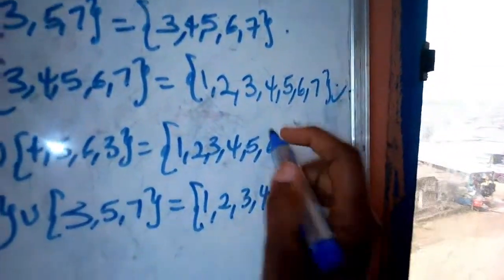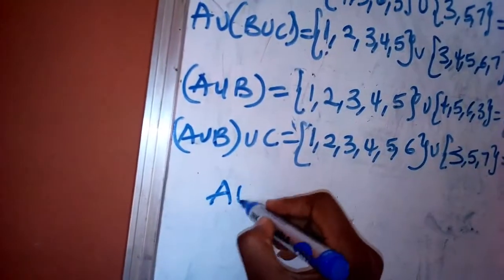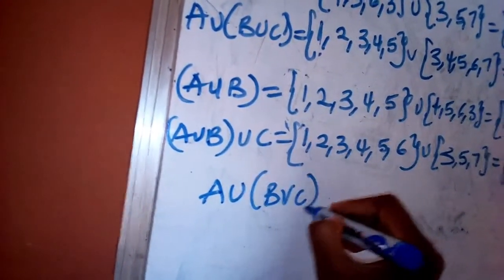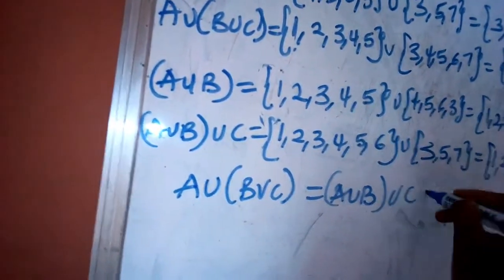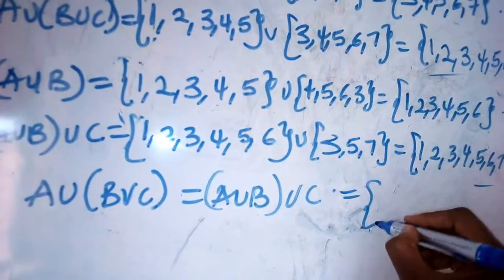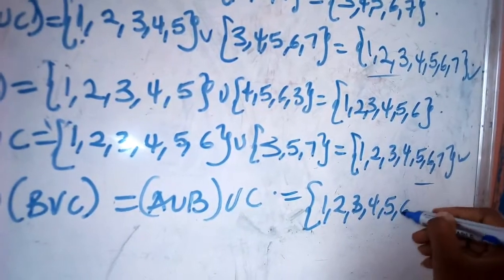From here, look at the two: you can see that this equals this. So truly (A union B) union C equals A union (B union C), which equals 1, 2, 3, 4, 5, 6, and 7.